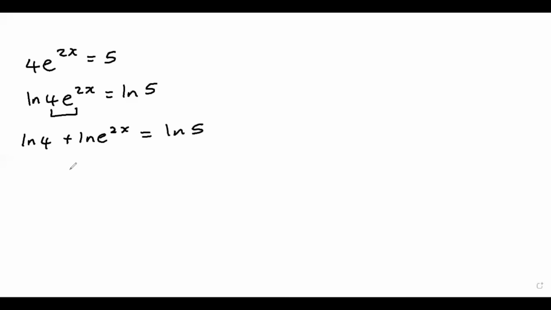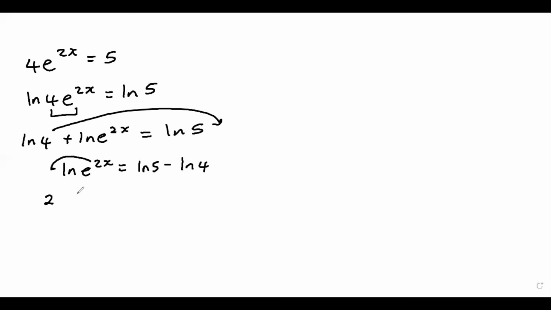So now we'd have ln e to the 2x being equal to ln 5 minus ln 4. So we take this over, grouping like terms. Now we can actually take the power to the forefront. So we'd have 2x ln e being equal to ln 5 minus ln 4. Now ln e is equal to 1.